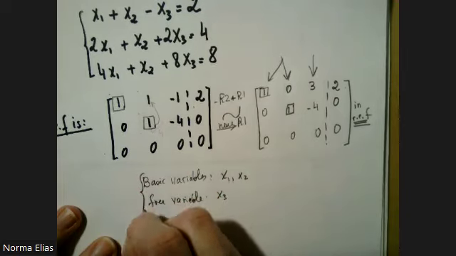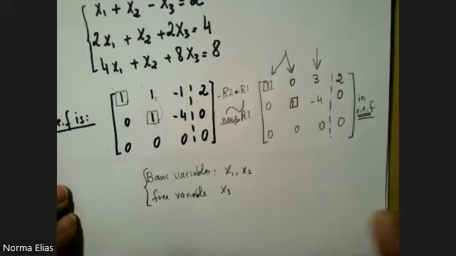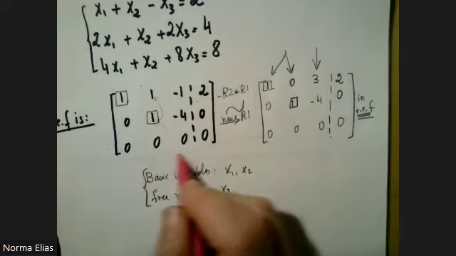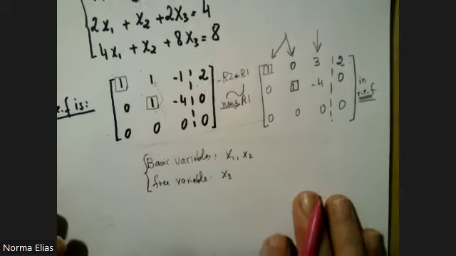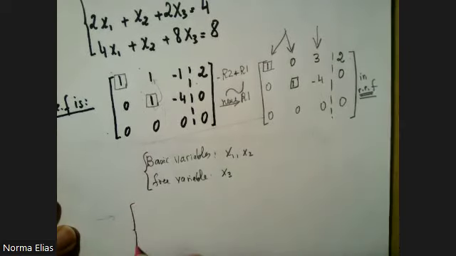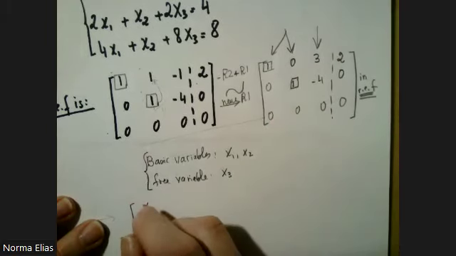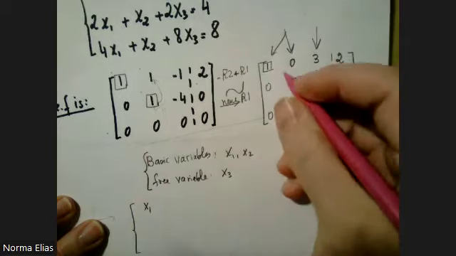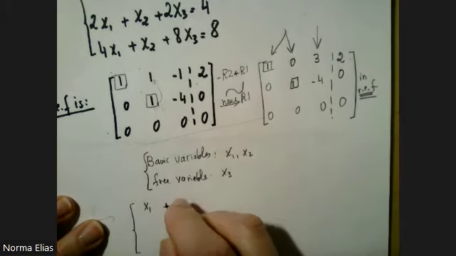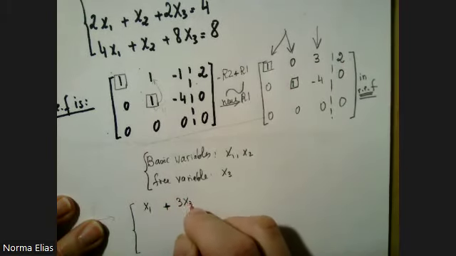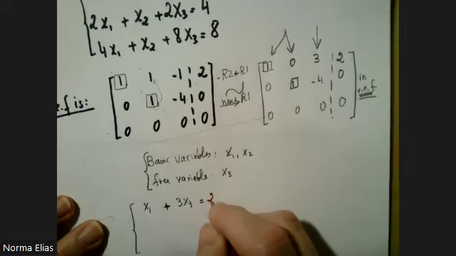Is x3. Okay, so those don't change. Now I will write the system that corresponds to the reduced echelon form. So what's the system that corresponds to it? The first row reads x1, there is nothing here, plus 3x3 equal to 2.